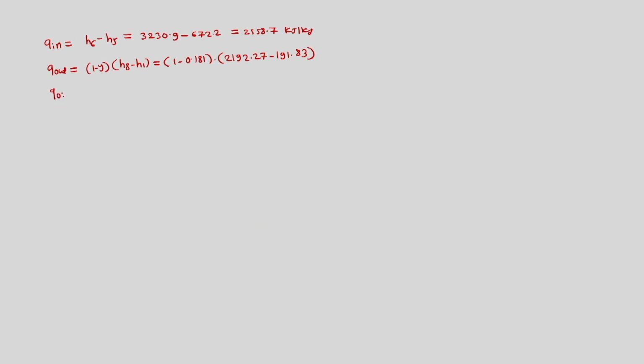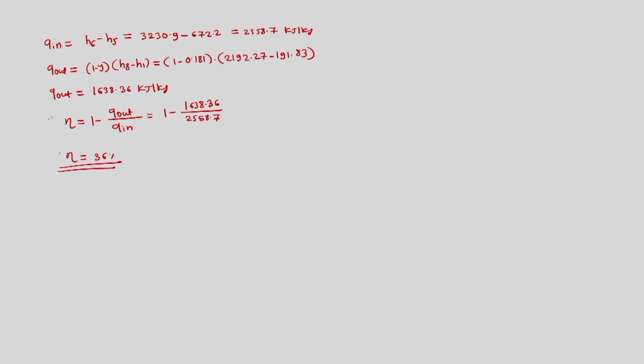This gives us Q out, which comes out to be 1638.36 kilojoule per kg. So we can find out efficiency, which is 1 minus Q out upon Q in, that is 1 minus 1638.36 divided by 2558.7. So efficiency comes to be 36%.